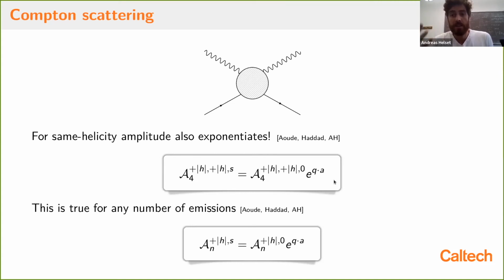And this continues to be true for more and more emissions with the same helicity. All that happens is that all the spin goes into this exponential factor, by starting from minimal 3-point and then recursing on that.